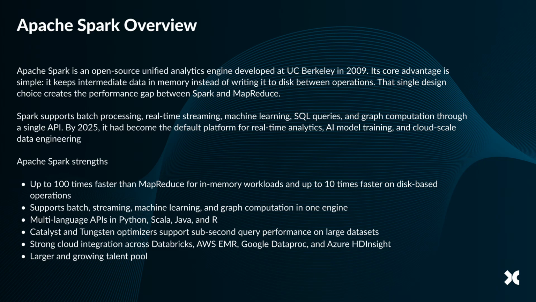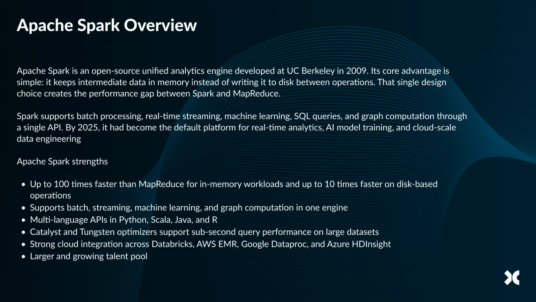Spark supports batch processing, real-time streaming, machine learning, SQL queries, and graph computation through a single API. By 2025, it had become the default platform for real-time analytics, AI model training, and cloud-scale data engineering.